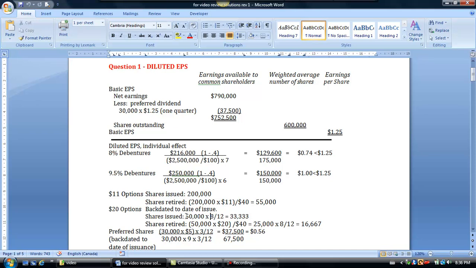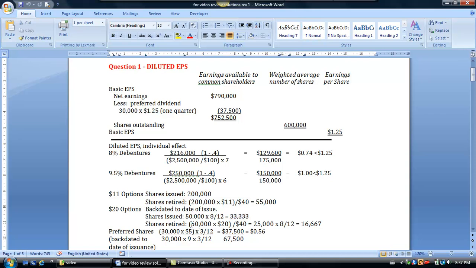So we're calculating the WACs impact by looking at 50,000 shares that would have been issued, but multiplying it by 8/12, because don't forget, it's 8 months from May the 1st to December 31st. And again, we're doing a weighted calculation because in our denominator, we're going to figure out what impact these diluted options are going to have on our WACs, right? So it's all weighted. That means, on average, we would have issued 33,333 shares.